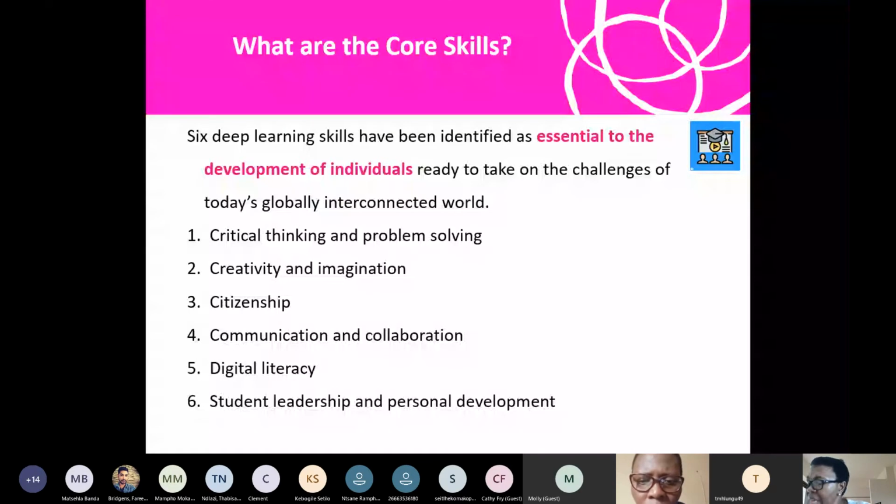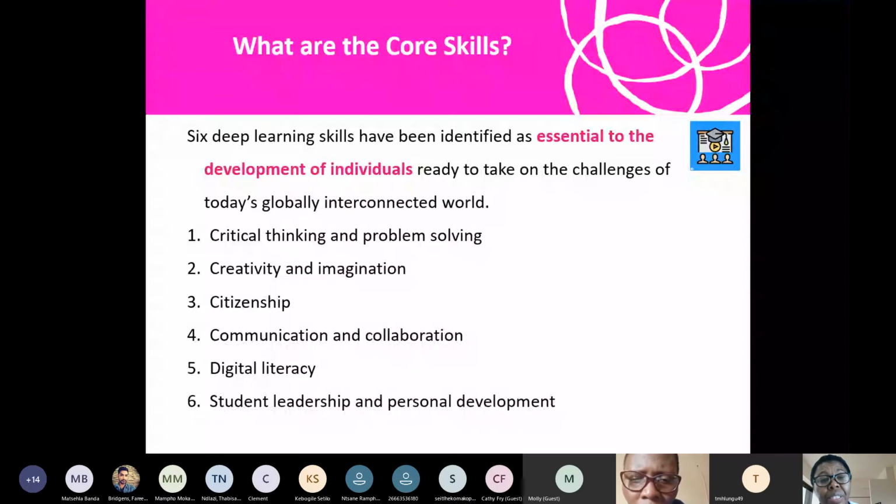And then critical thinking and problem solving. The first task that we were given was to draw up an action plan. And when you drew up that action plan, you were looking at the SDGs, and some of you said, I will look at environment. Others said, I'll focus on education in terms of the SDG.